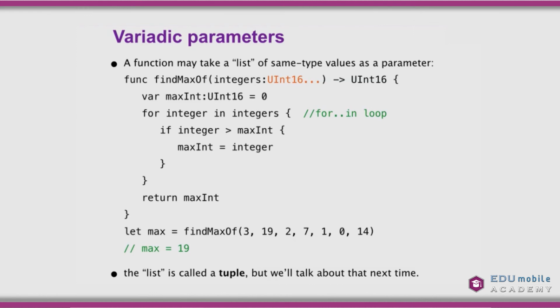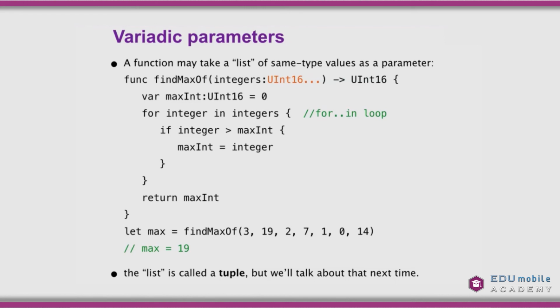And we do our maximum function, it's pretty simple, and then we return maxint out of that, and then we can give a list in our parameter list, so let max equal find max of a bunch of unsigned 16-bit integers. And then max now will be assigned 19 because 19 is the highest integer in the list.